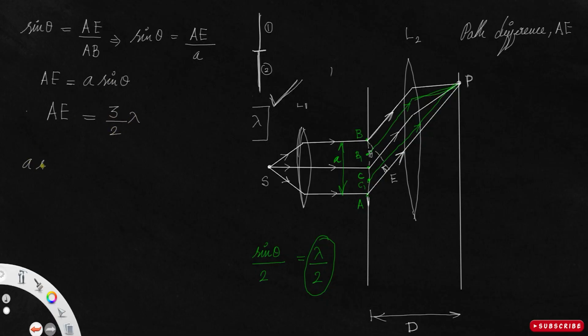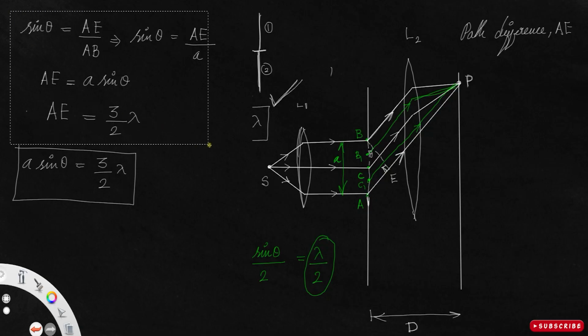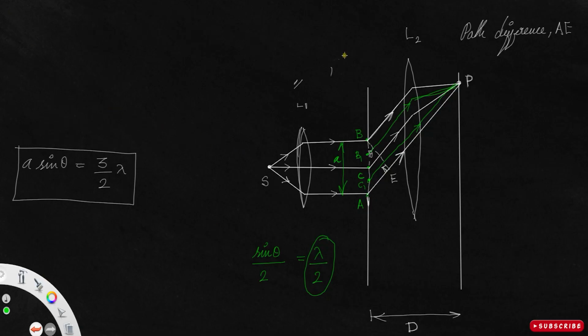That means A sin theta is equal to 3 by 2 lambda. Now let me break this triangle into 3. Listen to this part very carefully. Let me draw this triangle again, this triangle B, A, E.